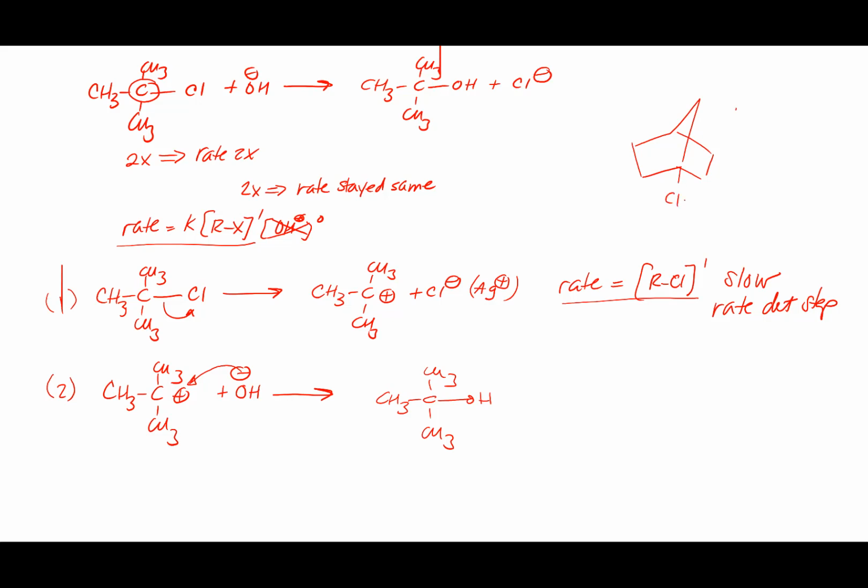Somebody put a chlorine or a fluorine on the bridgehead, and the bridgehead can't be flat. It can never be flat. So they tried to make a carbocation at that position, and they never could. That's how extensive the experiments went. They tried to make a non-planar carbocation, and they couldn't.